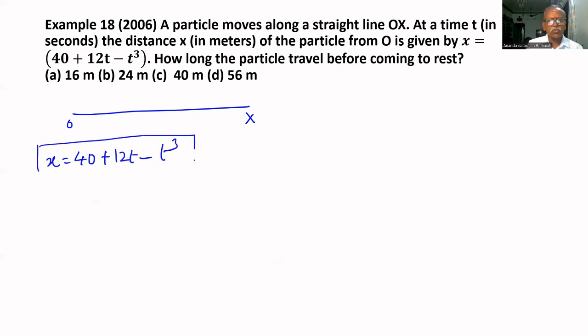The equation for x is given. How long does the particle travel before coming to rest? Rest means velocity equal to 0. We know if speed is 0, it will be at rest. So he is asking how long the particle travels before coming to rest.